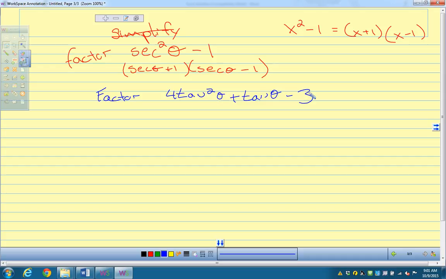Yes, sir. Yeah, just pretend that this is like 4x squared plus x minus 3. Okay? So if it helps you to think about that, and you're good at factoring things in algebra, you can just do that.